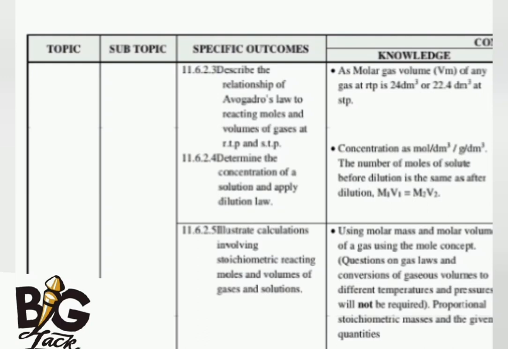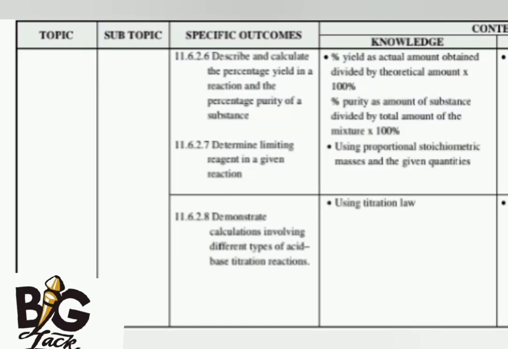Apart from that, you need to illustrate calculations involving stoichiometry, reacting moles and volumes of gases and solutions. You also need to calculate the percentage yield in a reaction and the percentage purity of a substance.